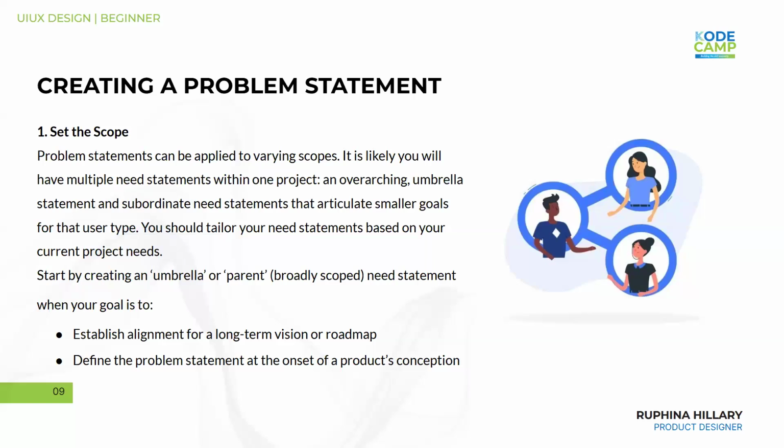So the first step that I would recommend is to set the scope. General or specific. Is it a general problem statement? Is it a secondary problem statement? It's likely that you would have multiple problem statements within one project. An overarching umbrella statement and subordinate need statements articulate smaller goals for that user type.